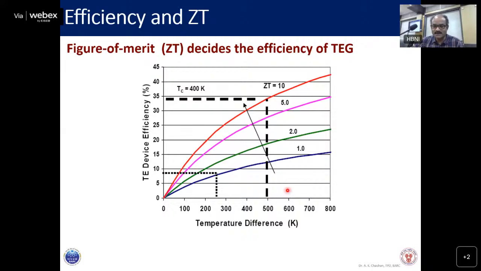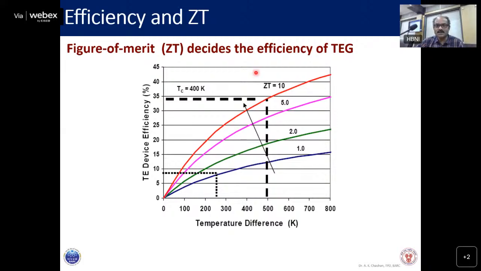And if your material has ZT of 1, you will find that the efficiency of that thermoelectric material will be nearly 12%. If you luckily find a material with a very high ZT of 10, the same 500 degree temperature difference will give you an efficiency of nearly 35%.